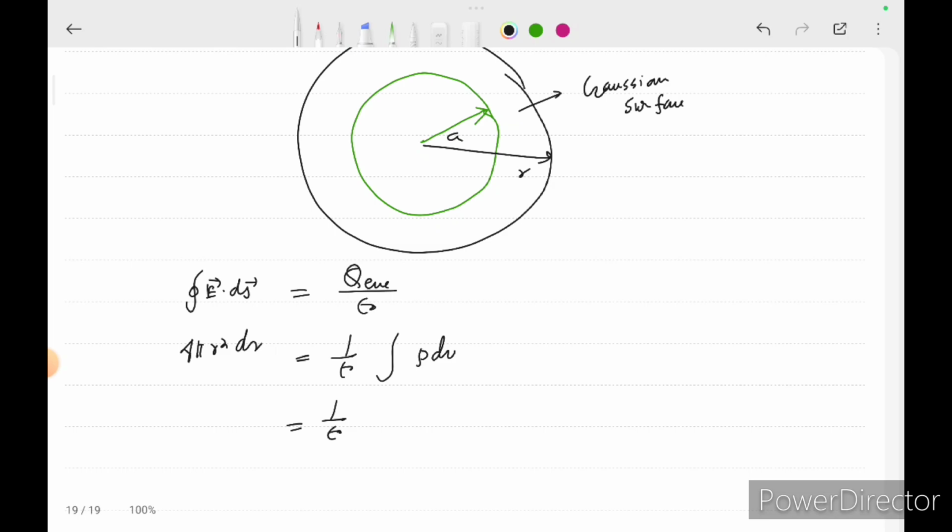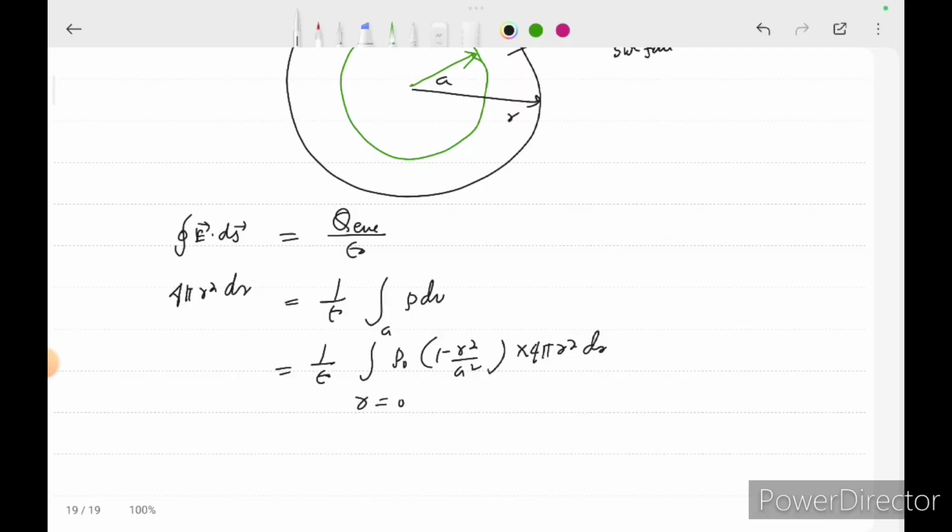But here rho equals rho naught (1 minus r squared upon a squared), dV equals 4 pi r squared dr, and r goes from 0 to a, because this charge density exists only up to r equals a. That's why we take the limit r equals 0 to a, because beyond r equals a there is no charge distribution. You just remember.